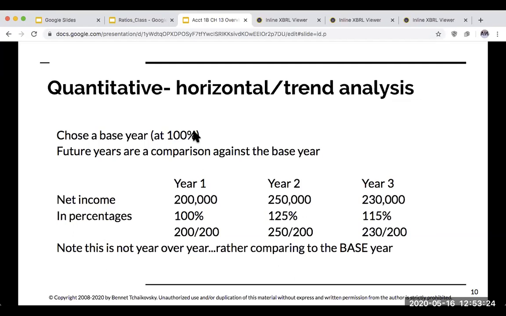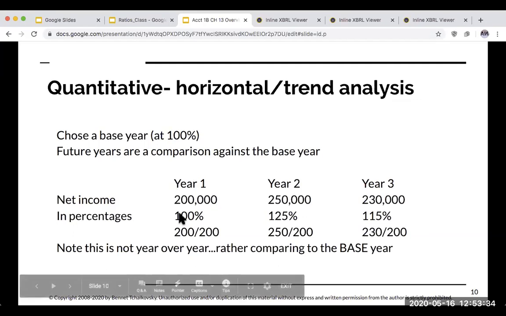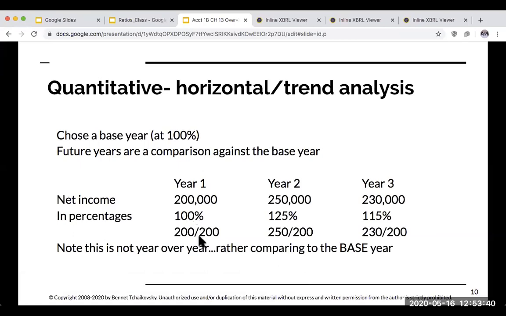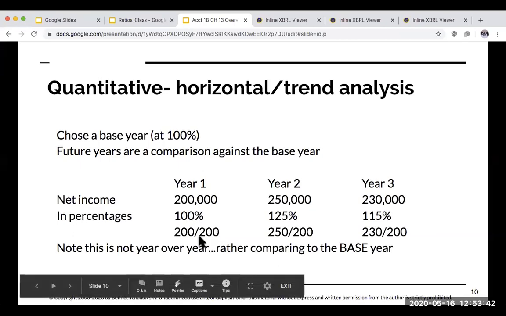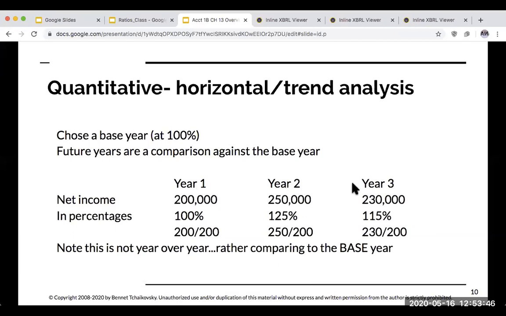As we'll see from your homework, what we're doing here, a horizontal or trend analysis, is taking the total amount of the net income. We create a base year. Your base year is going to be the 100% level, or that net income divided by that net income right here. When I compare future years, I'm going to be doing that against the base year.